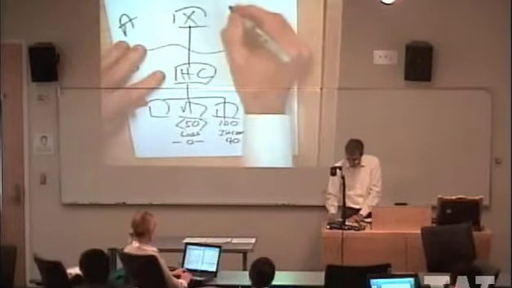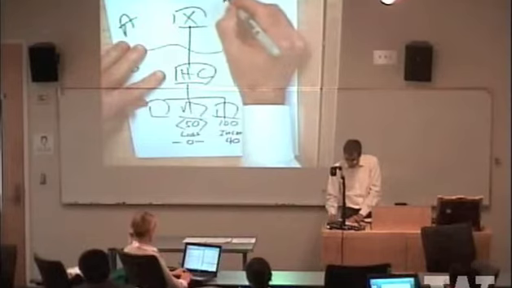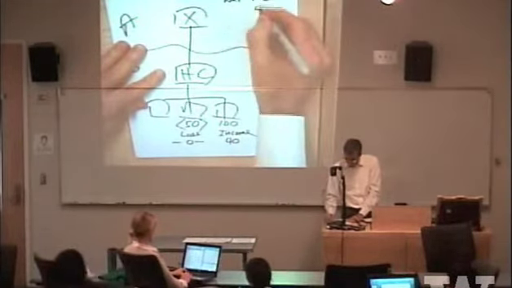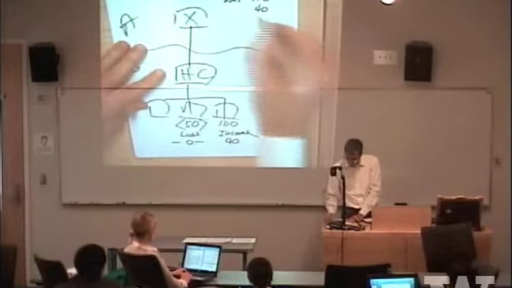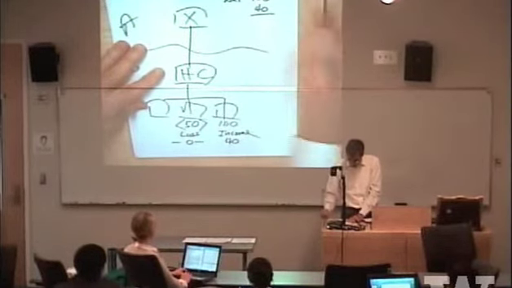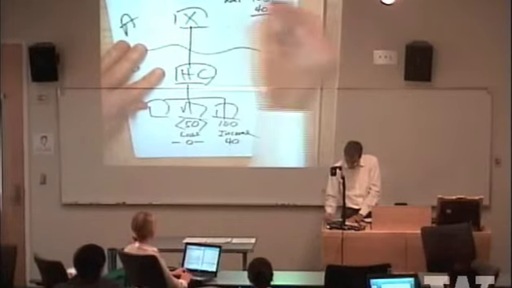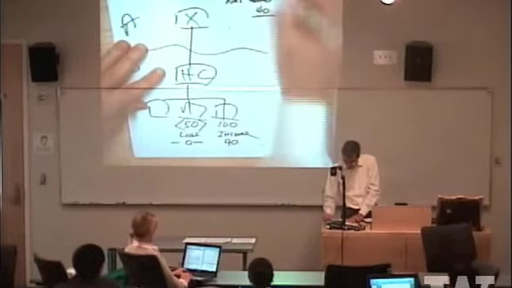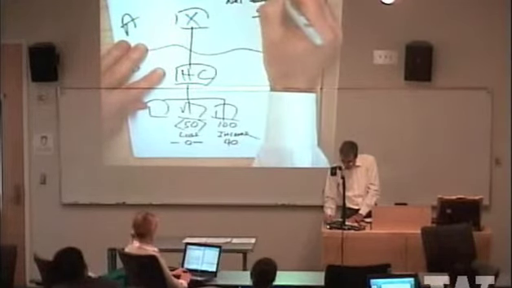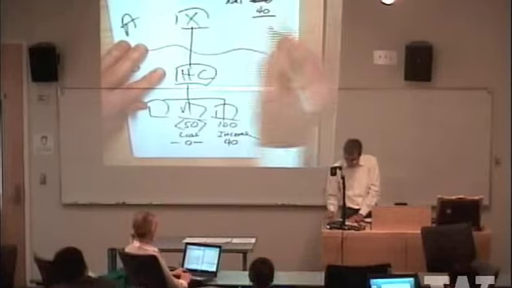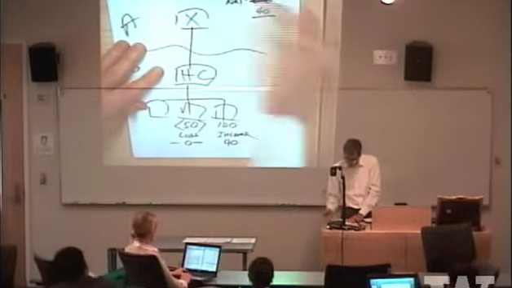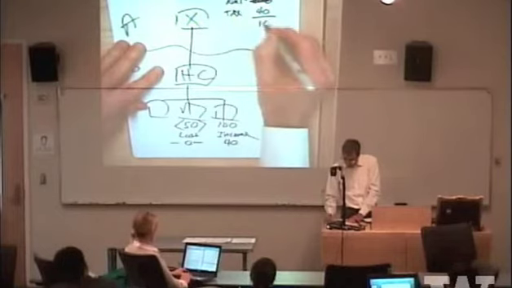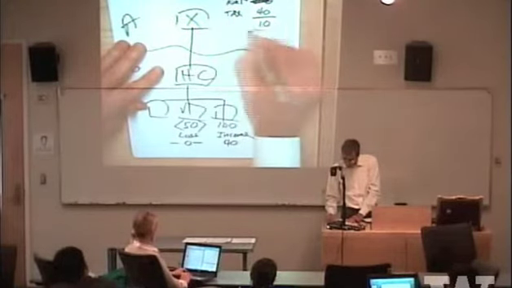Well, X will show net income of 100, tax of 40, and net income of 50, which is the 100 minus the 50, net income of 50, tax of 40, and net income after tax of 10.